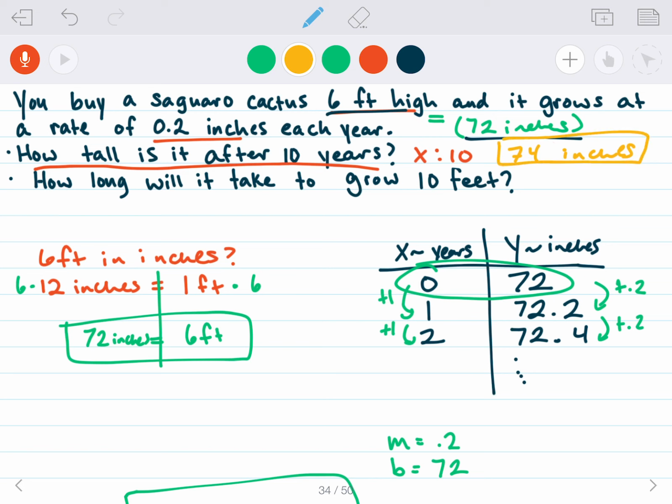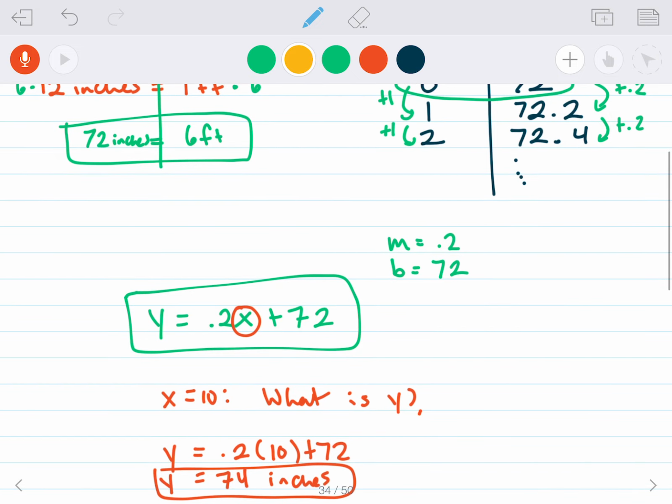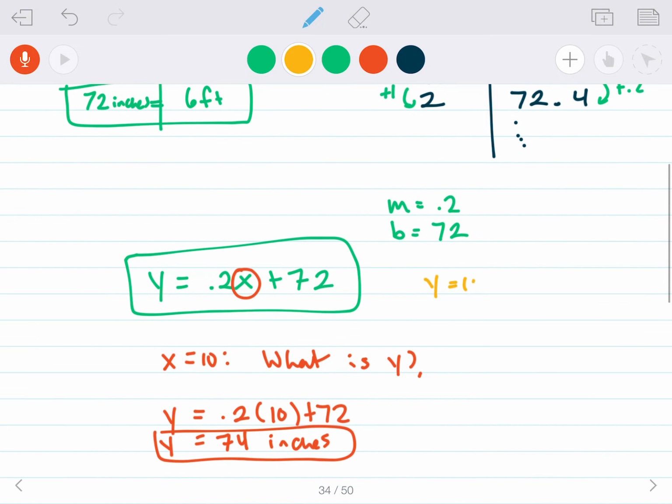And the second question says, how long, so we're looking for x, because we're asking how long, it's a unit of time, will it take to grow 10 feet? So here, y is 10, and we're looking for x. So when y is 10, what is x?